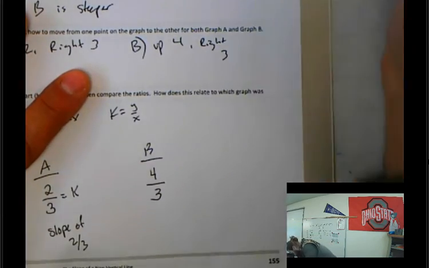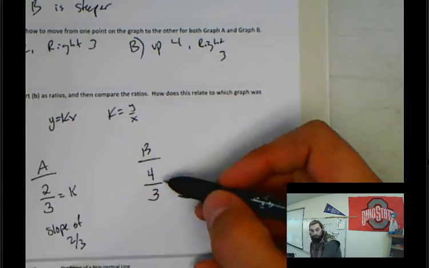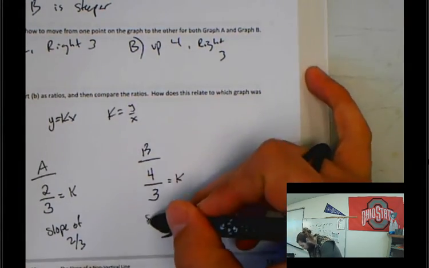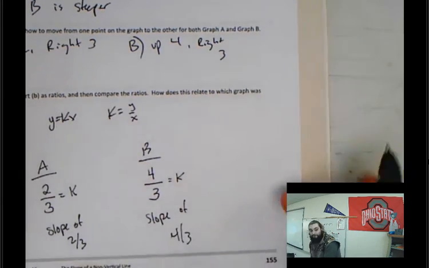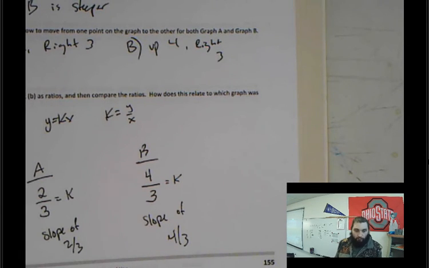So we've got 4/3 here, which is our k. Or we would write this and say that we have a slope of 4/3. As always, don't make it a decimal. As always, leave it as an improper fraction. It's more useful that way.